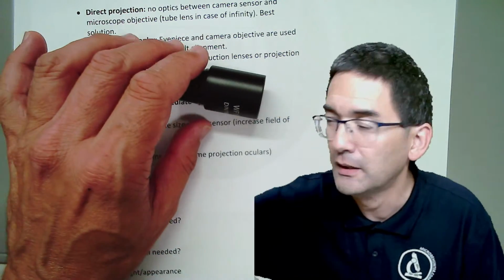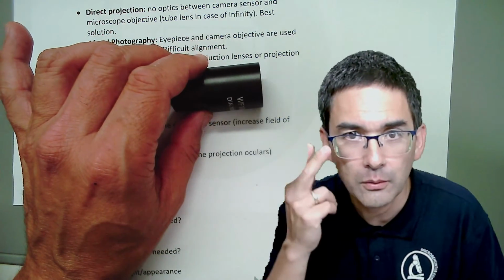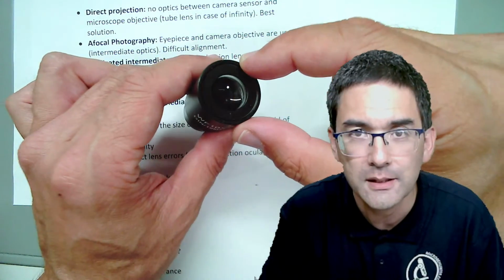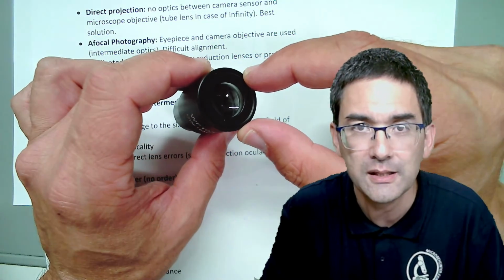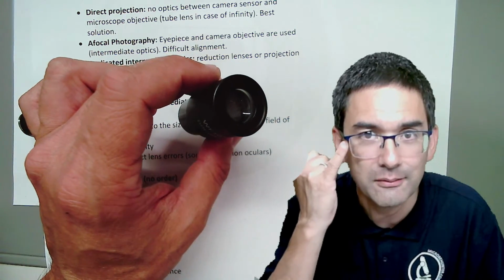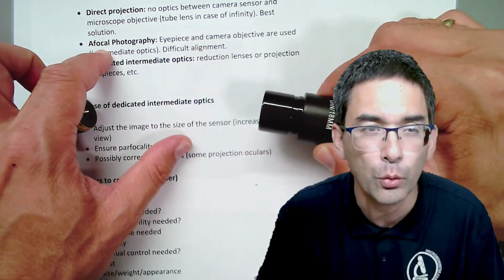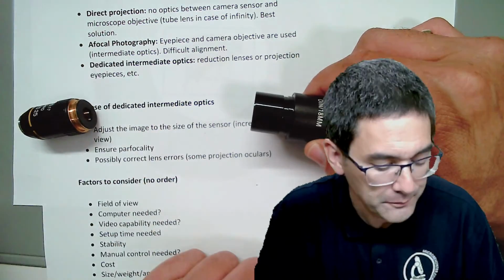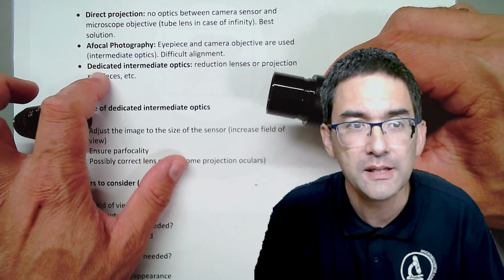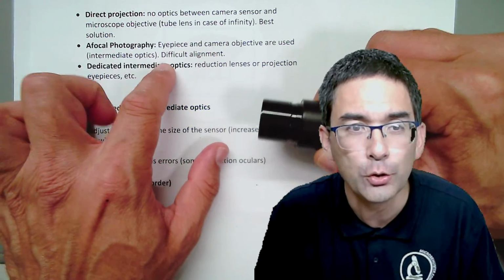So it's a little bit like when you're looking with your own eyes through the eyepieces, then you're also using essentially the lens and the cornea of your eye to make an image. So that's called afocal photography. And the third one I call dedicated intermediate optics.